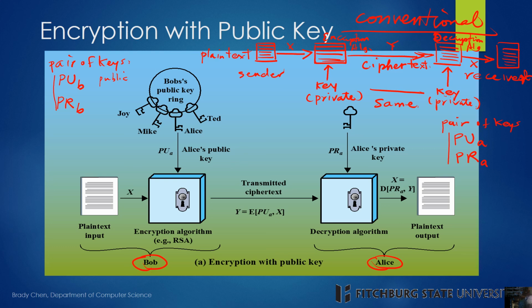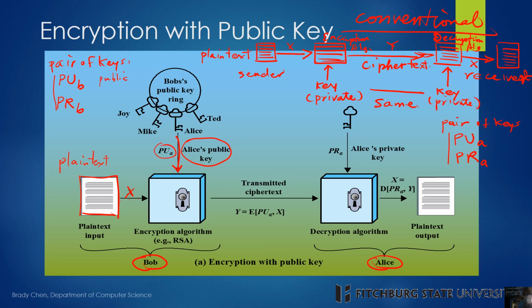So here, when Bob wants to send a message to Alice, suppose that's a plain text message. Okay. And that's X. So Bob needs to encrypt with the key. Now that key is Alice's public key. So when Bob wants to send a message to Alice, Bob needs to grab the public key of Alice. Okay, so that's PUA.